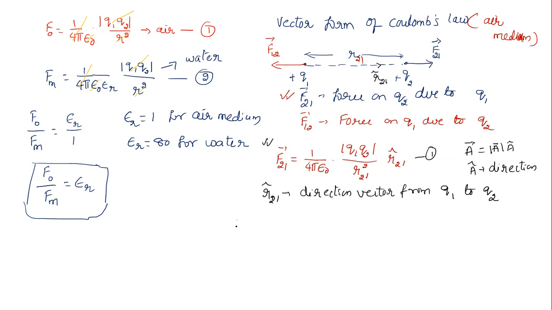Similarly, force on 1 due to second will be 1 divided by 4 pi epsilon naught into magnitude of Q1, Q2 divided by R12 square into R12 cap.